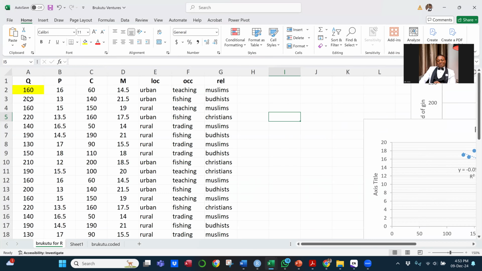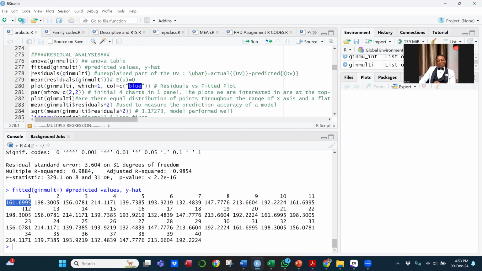So in my case here, when you go to your Excel, the actual is 160. The second one, the actual is 200. The third one, the actual is 160. So the 160 is actual. Its predicted is what you have here, 161. The 200 is predicted. It's 198. The next one, which was 160, is predicted is that.